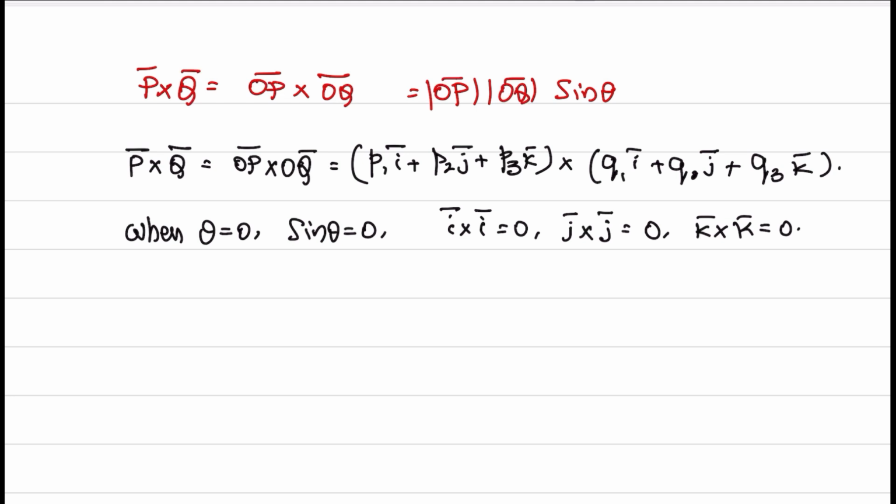then with that convention, what is the value of i cross j?